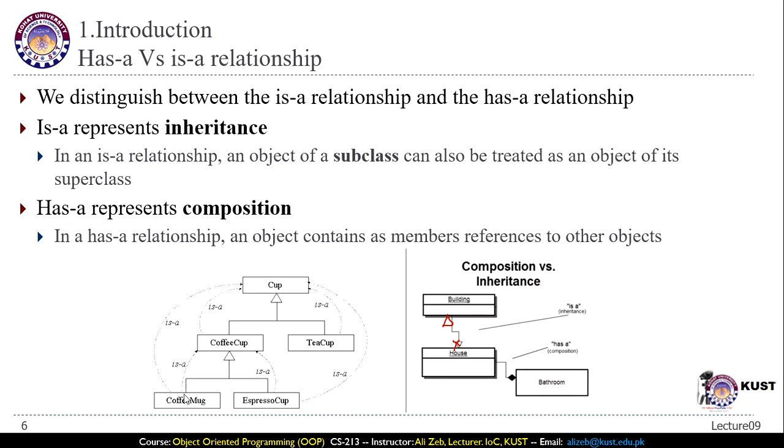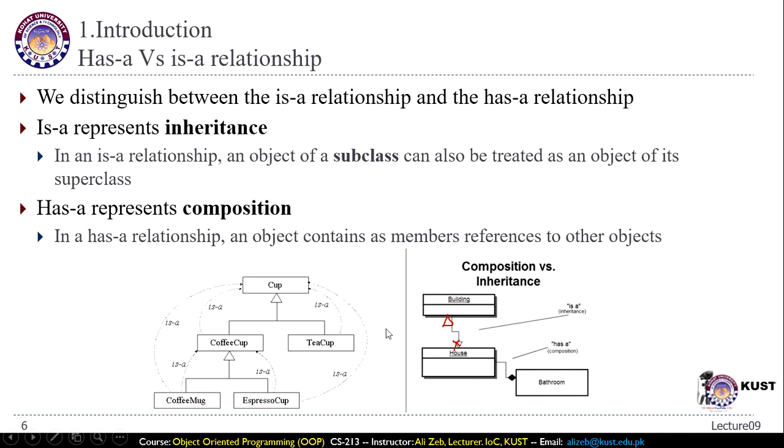So we are indirectly inheriting from the cup. The coffee mug is indirectly inheriting from the cup, and it is directly inheriting from the coffee cup. Similarly, a teacup is a cup, and an espresso cup is a coffee cup, which in turn is a cup. So we can see an is-a relationship in inheritance and a has-a relationship in composition.